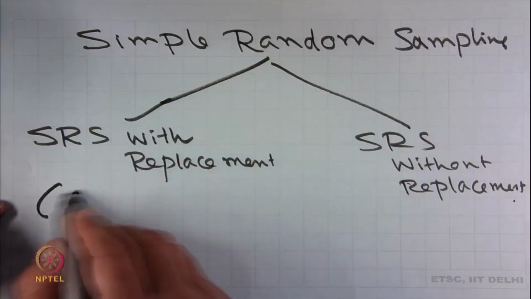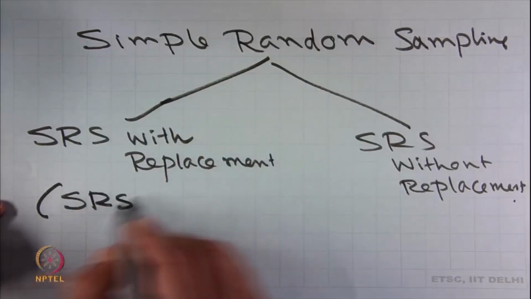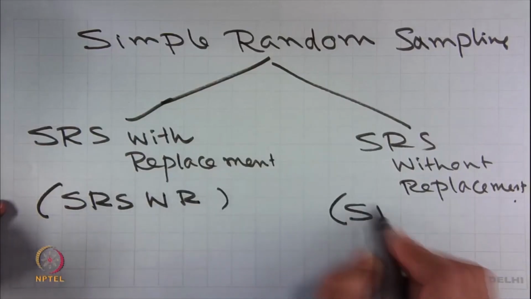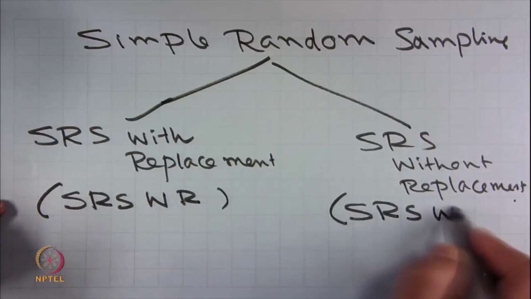In short, we call it SRS-WR, and this is called SRS-WOR.